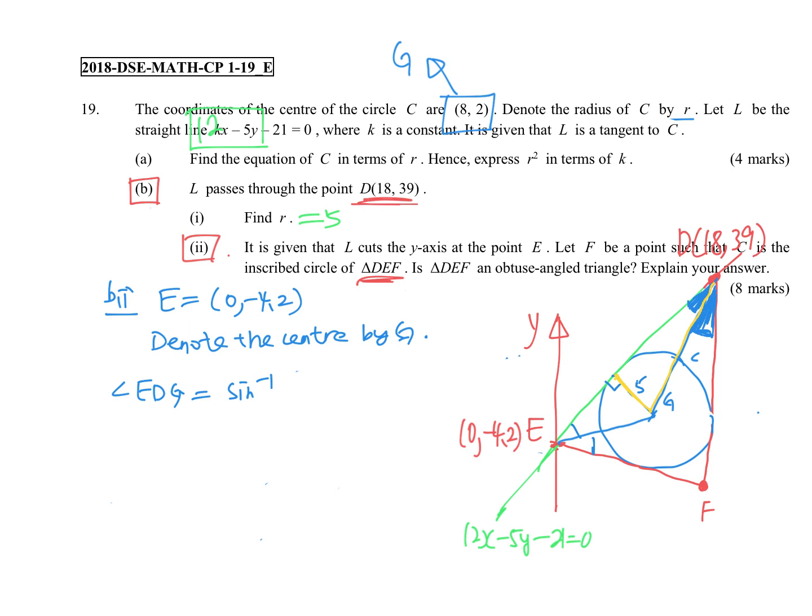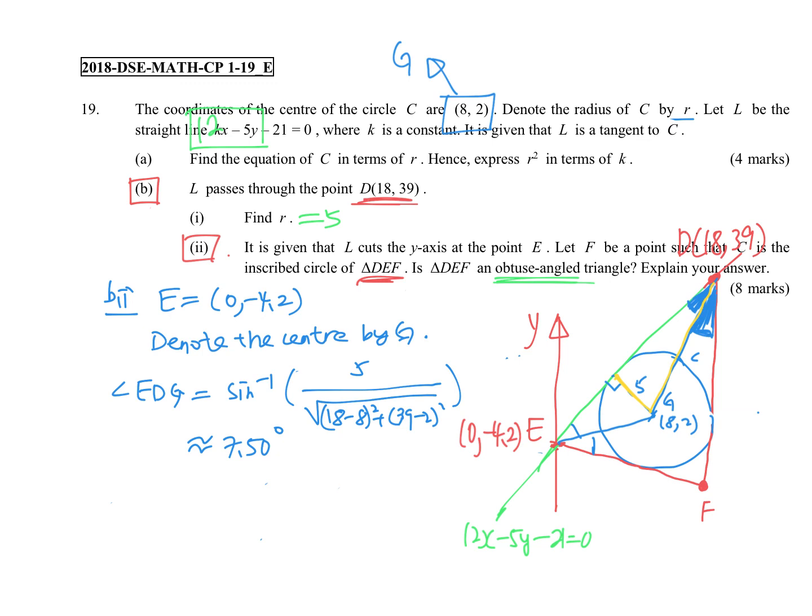So sine of angle EDG is 5 over the square root of (18 minus 8) squared plus (39 minus 2) squared. So angle EDG is 7.50 degrees. That means our angle EDF won't be an obtuse angle, so no need to times 2.